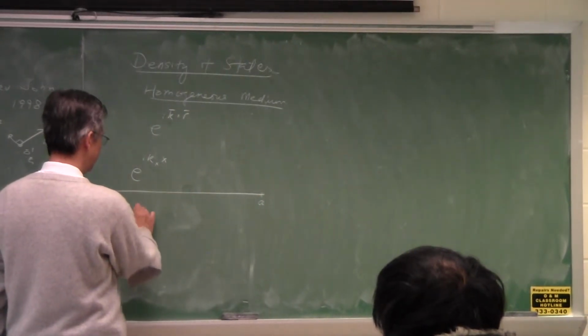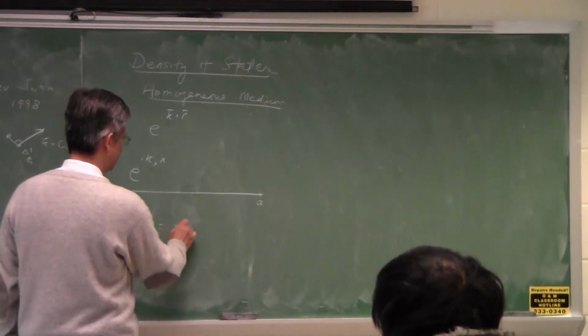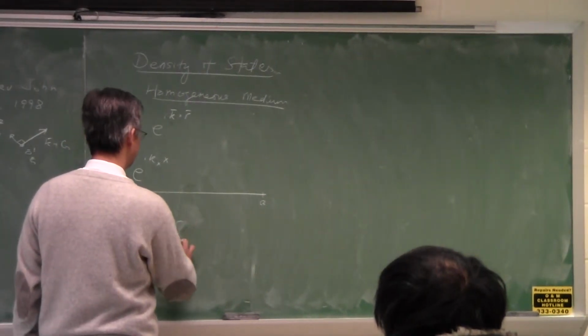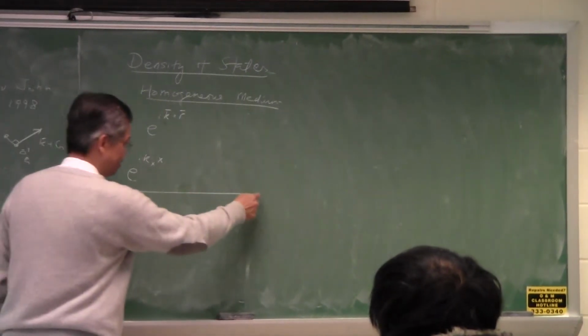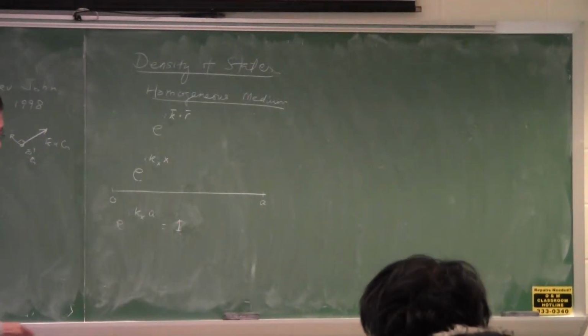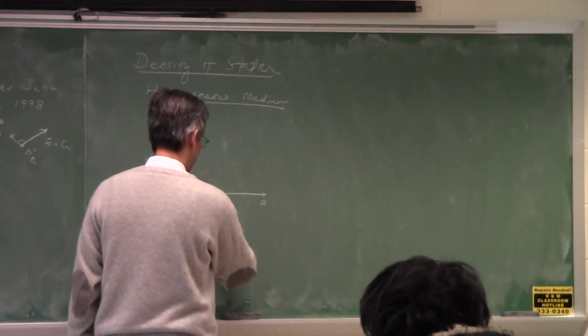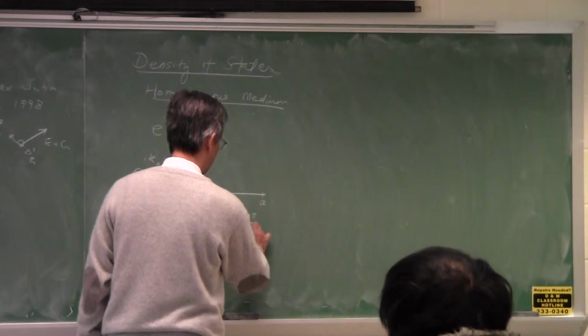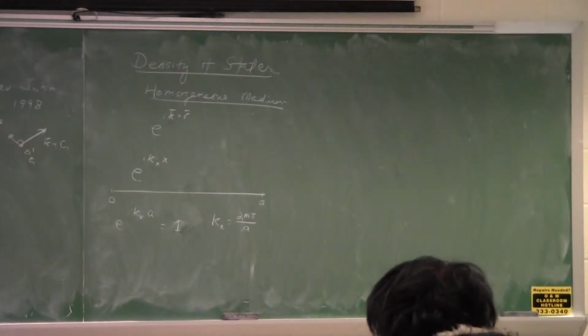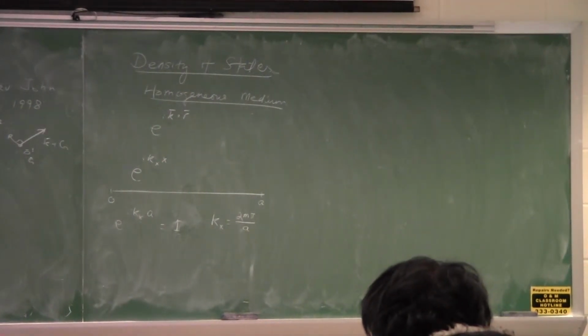Okay, you demand that this repeats itself. This function is 1 over here, but at the distance a, it repeats itself. So kx must be 2n pi over a. This is called the periodic boundary condition.